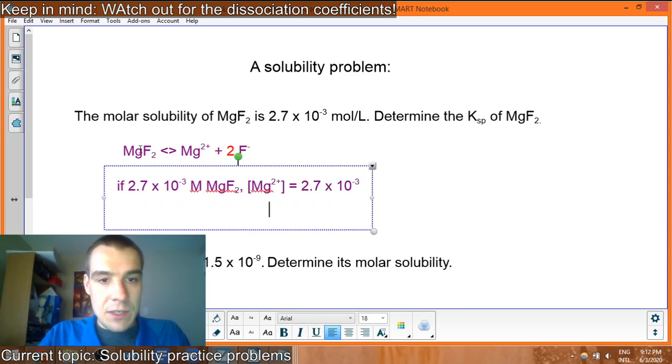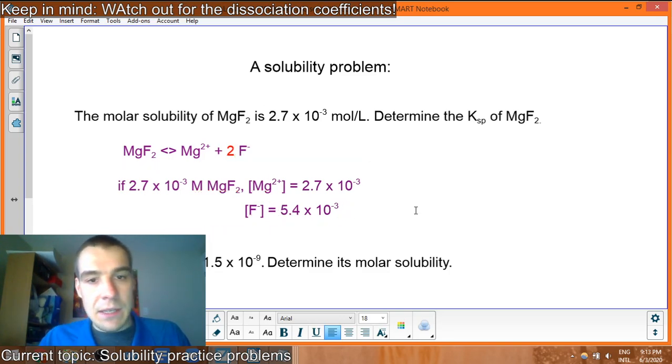But the concentration of fluorine is twice that, because for every 1 magnesium, I got 2 fluorines. So double the 2.7, it's 5.4 times 10 to the negative 3, because that's what 2 times that is.